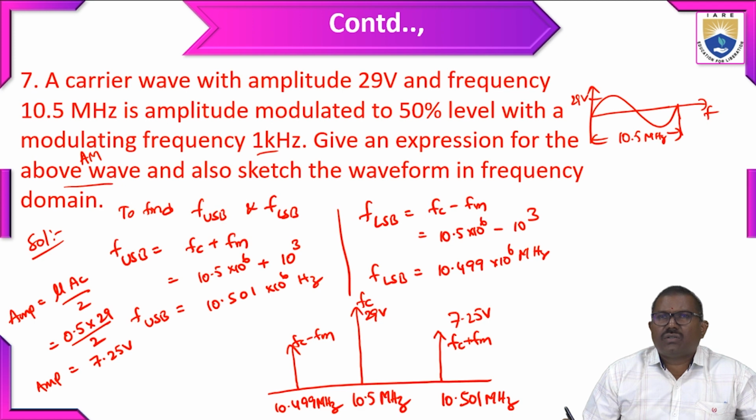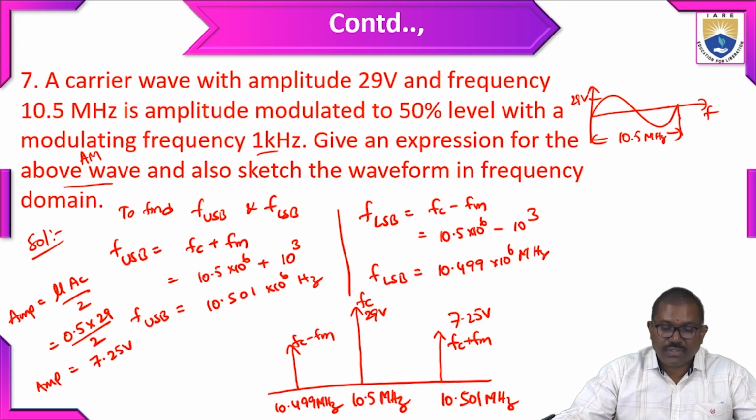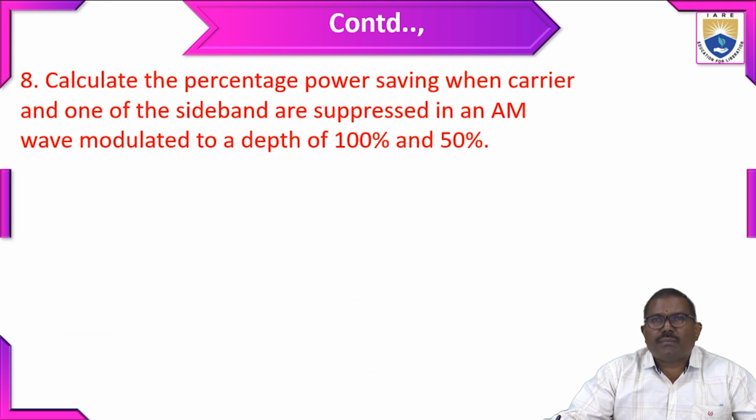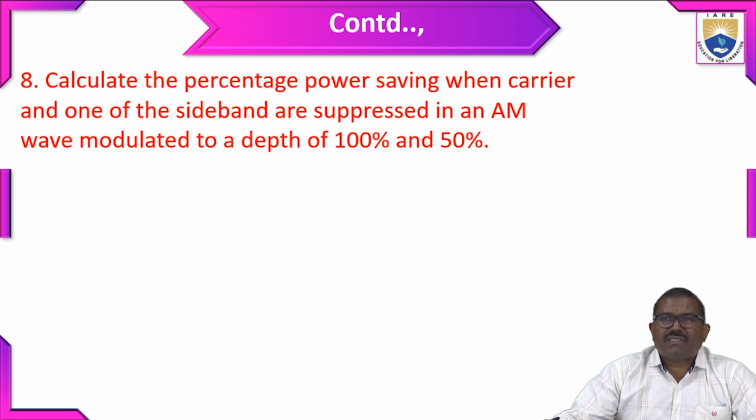Okay, so in this problem they ask first for the expression of the wave and second to sketch the waveform in the frequency domain. Now coming to the 8th problem. Calculate the percentage power saving when the carrier and one of the sidebands are suppressed in an AM wave modulated to a depth of 100% and 50%.